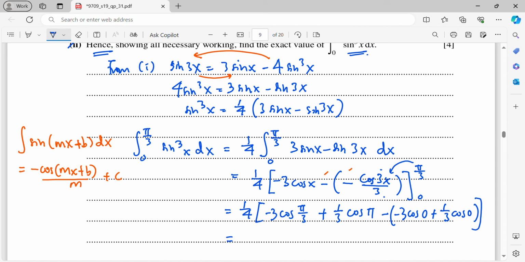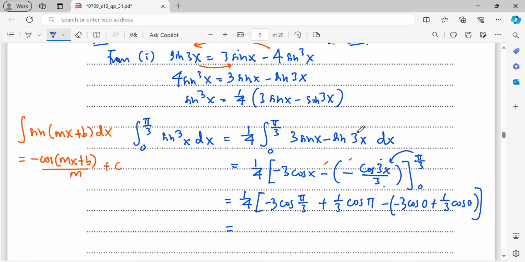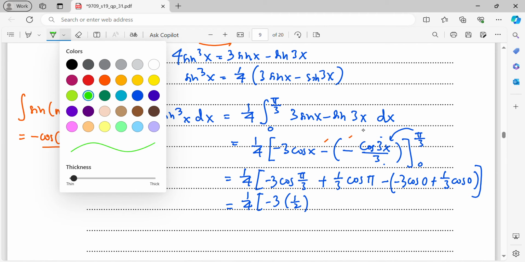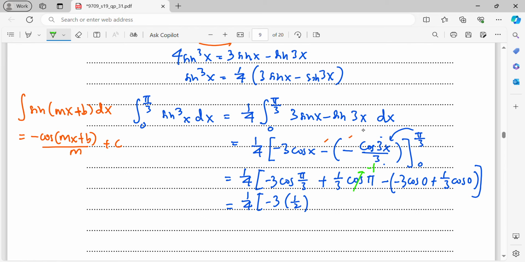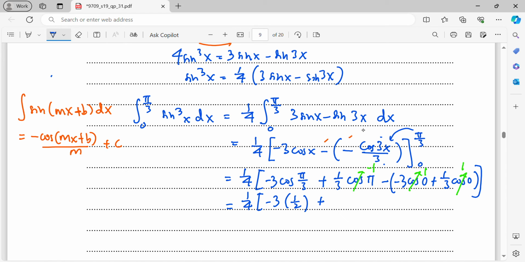Okay. Then from here, now the question says exact value. Exact value means no decimal. So therefore, I will get 1 over 4 minus 3. Now cos 1 over 3 pi is basically half. Cos pi is minus 1. Cos 0 is 1. That means I will be getting plus 1 over 3 times minus 1.